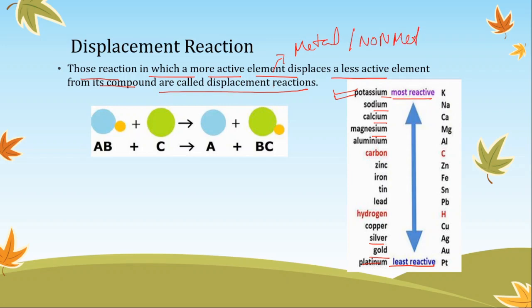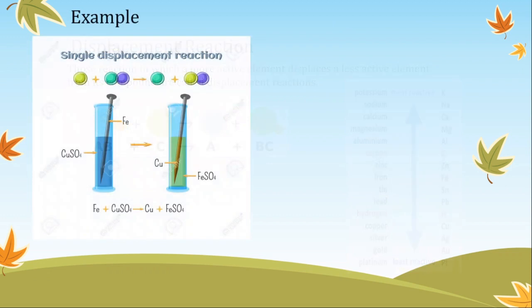So we have a series over here showing the reactivity of metals. In the reactivity series, any metal can displace the metal lying below it from its salt solution. Let us see an example of a displacement reaction in which we have taken a copper sulfate solution, which is originally blue in color, and we have kept an iron nail in it.